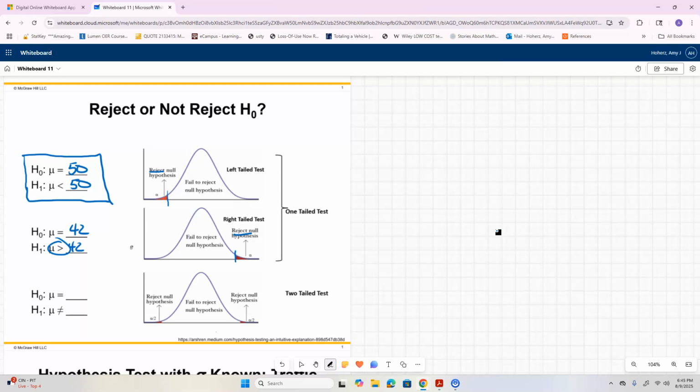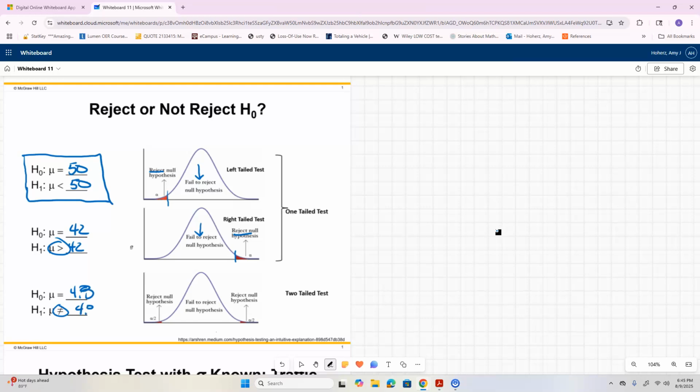So our critical value would be here, and we would reject anything larger than that critical value. And then I didn't mention it here, but if we're in this clear area, we're going to not reject, fail to reject. And then with a two-tail, that's when we have the not equals. So say this is 4.8.